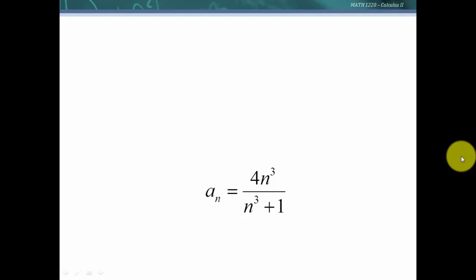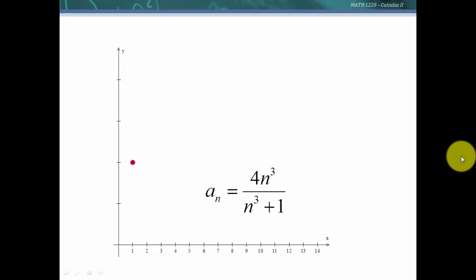So as we look at this one, we could let n equal 1, and we would have 4 over 2, which is 2. We could let n be 2, and 2 to the third is 8 times 4 over 9. We could plot that, and we could continue plotting these as we let n increase by 1, looking at the integer values here to generate this sequence.